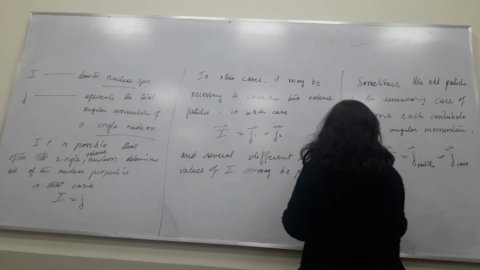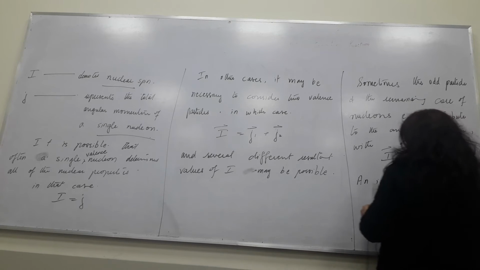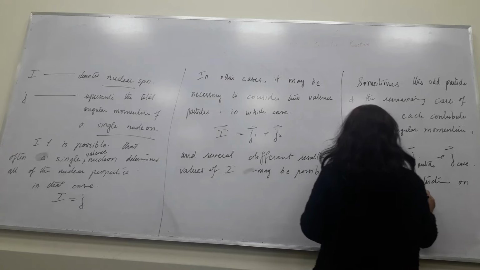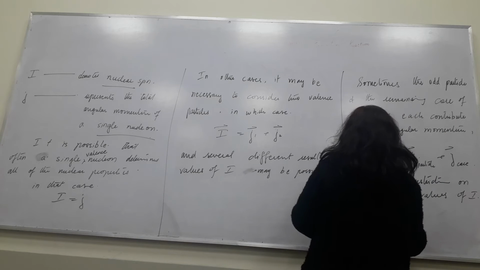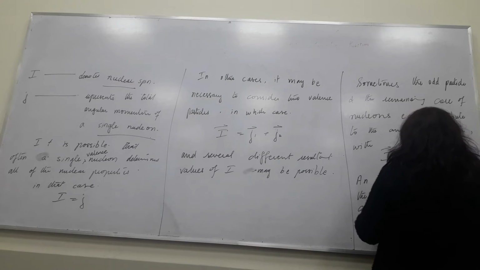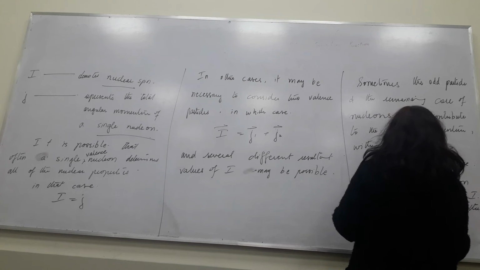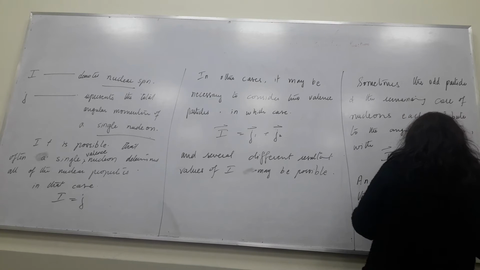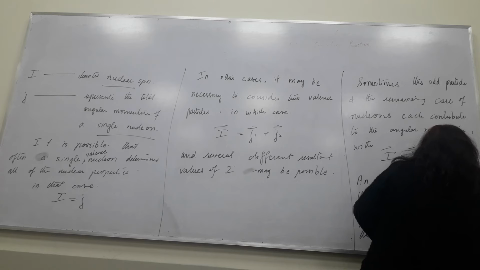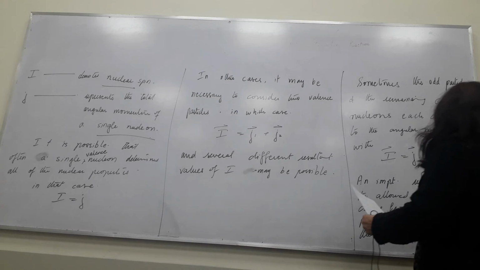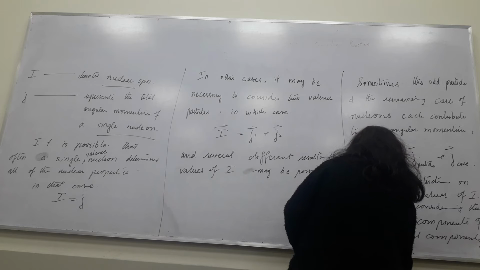So, an important restriction on the allowed values of I comes from considering the possible z values or z components of the individual nucleons.